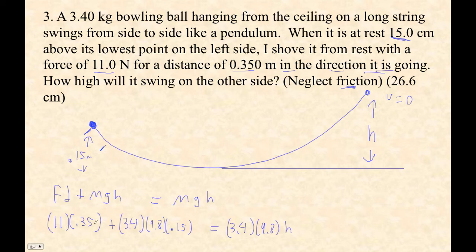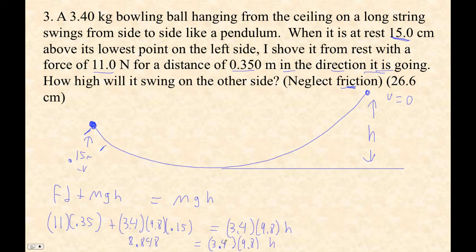So I'm going to start on this side. I'm going to go 11 times 0.35, plus 3.4 times 9.8 times 0.15, and I get the total of the left side is 8.848. And now I'm going to divide by this, so that equals 3.4 times 9.8 times h.